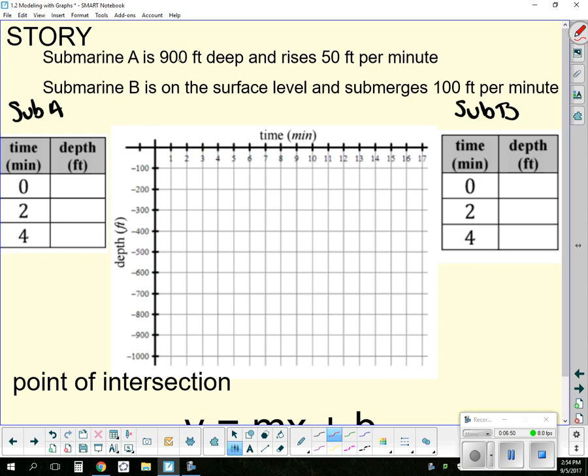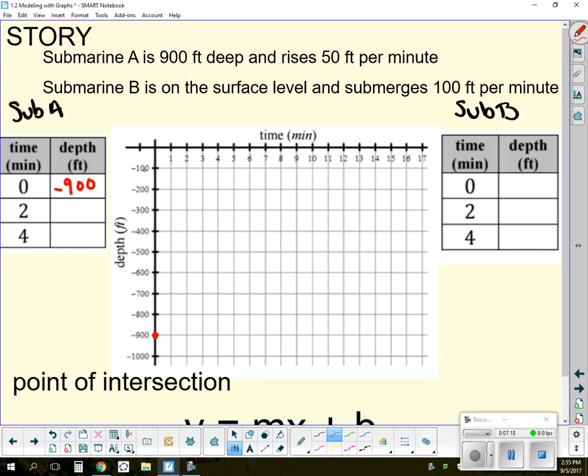Submarine A is 900 feet deep, so that corresponds to a depth of negative 900 feet. That's where he is starting, so we can put that point. So at time 0, he's at negative 900 feet. He's rising, I'm talking about the submarine like he's a person. The submarine is rising 50 feet per minute. So if you look up here, our x-axis is in single minutes, and we want to rise 50 feet per minute.